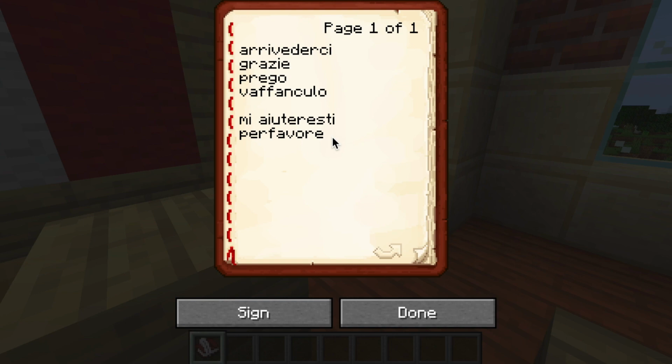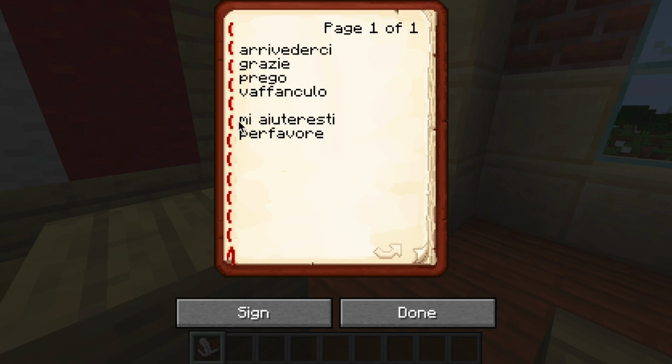Per favore means please. Mi aiuteresti means would you help me? It's not like English that has a good amount of words. It's like 4 words, but here it's only like a word.